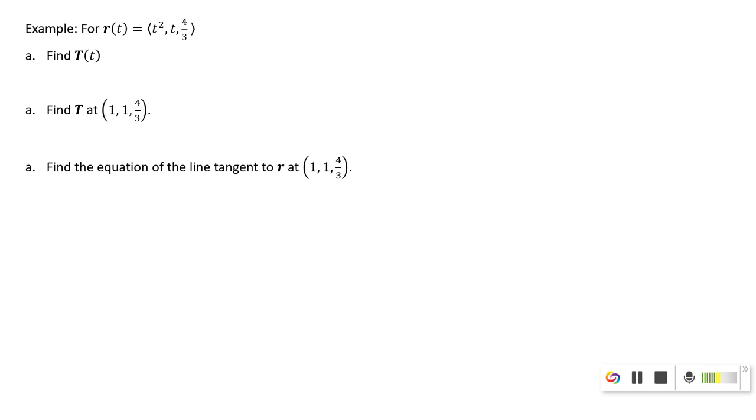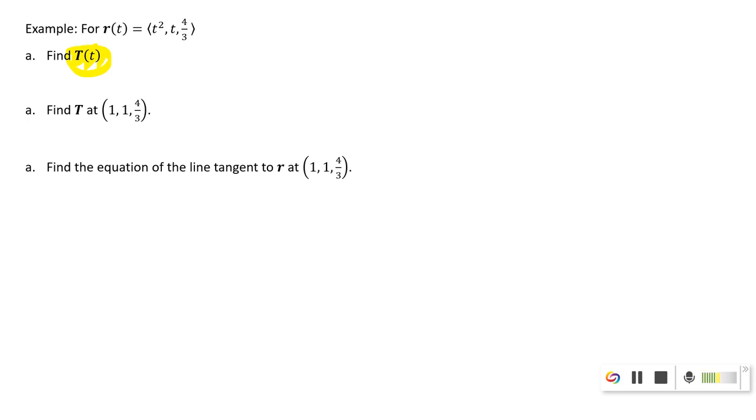So for example, if I have the vector valued function r equals t squared, t, 4/3, and I want to find the vector T, that's that notation. If you are asked to find this vector T, that's asking you to find the unit tangent vector for this function.